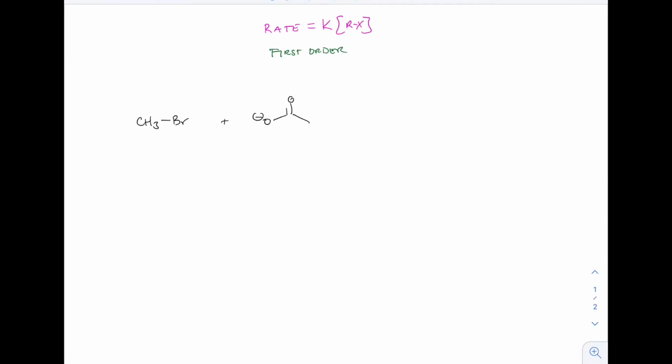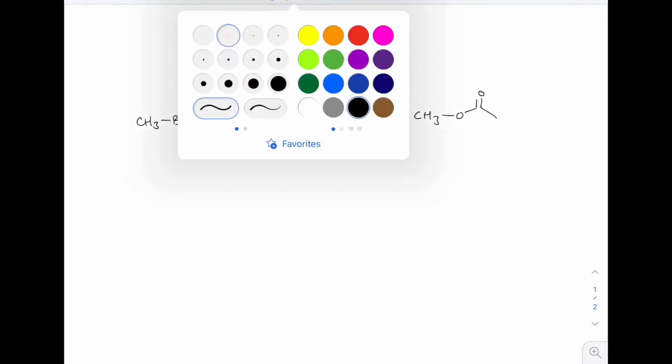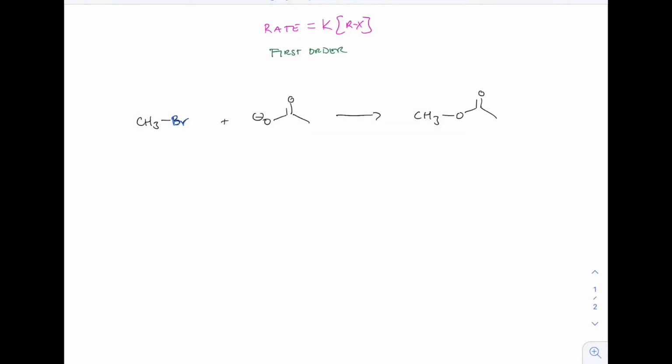Okay, so for example, let's say we have this methyl bromide, and then we have acetate. Again, the leaving group, bromine, is highlighted in blue and the nucleophile highlighted in red, just to follow that a little bit easier. This particular one is second order.